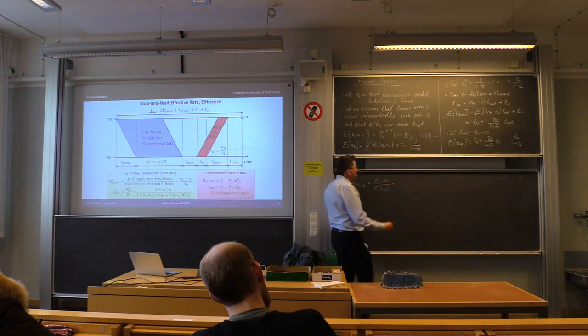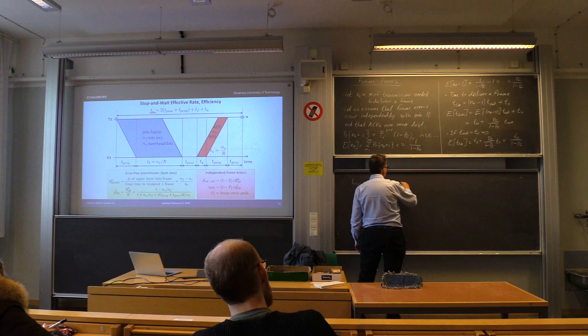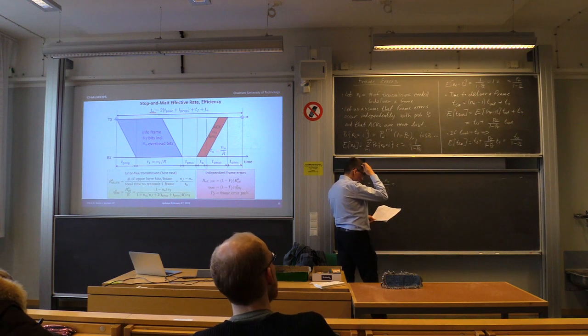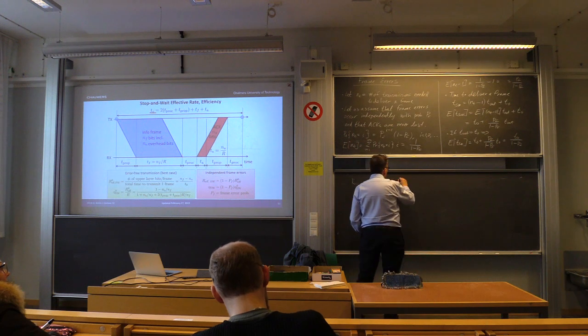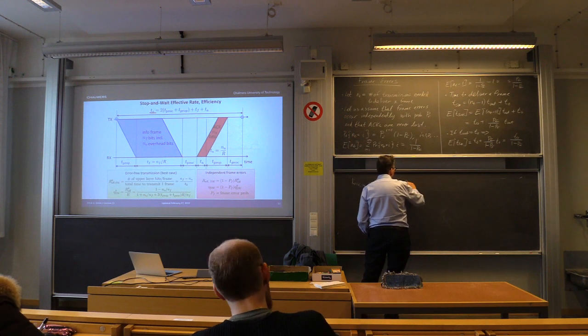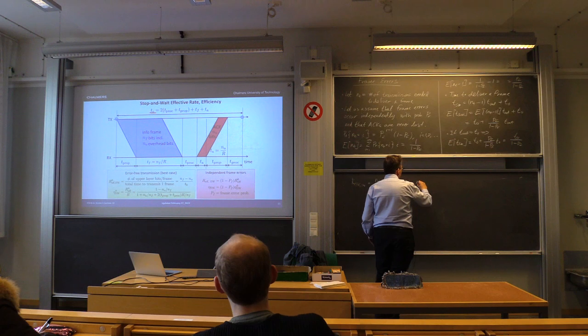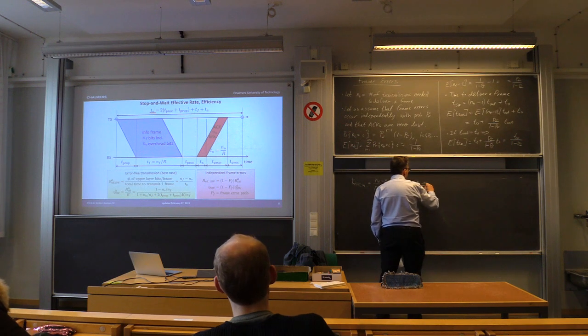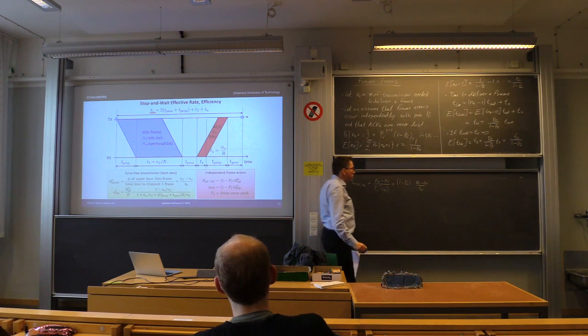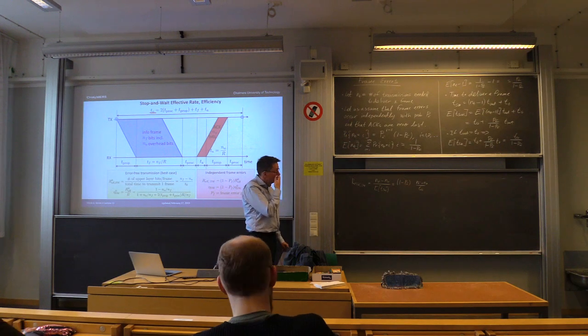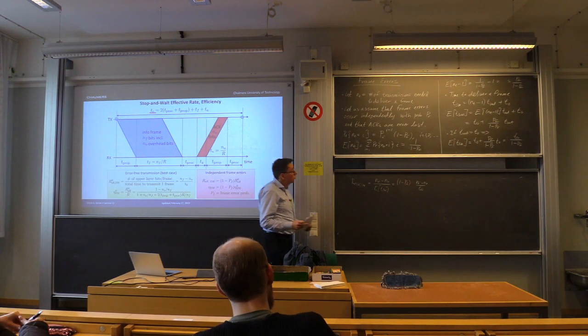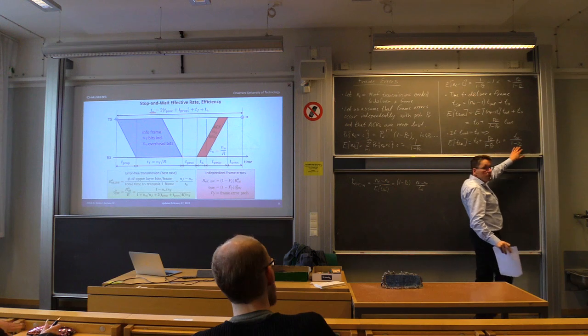And then we get this to be 1 minus PF times NF minus NO divided by T0.